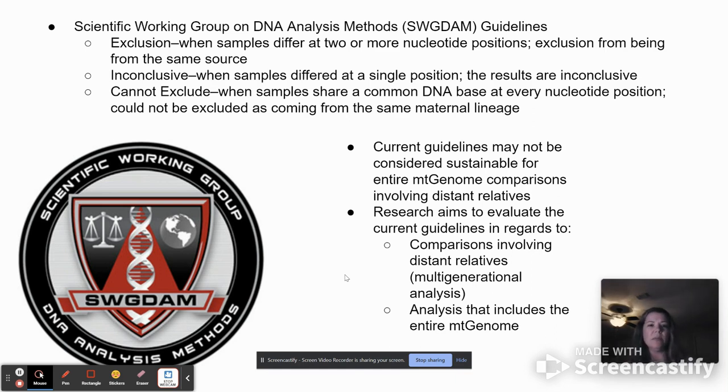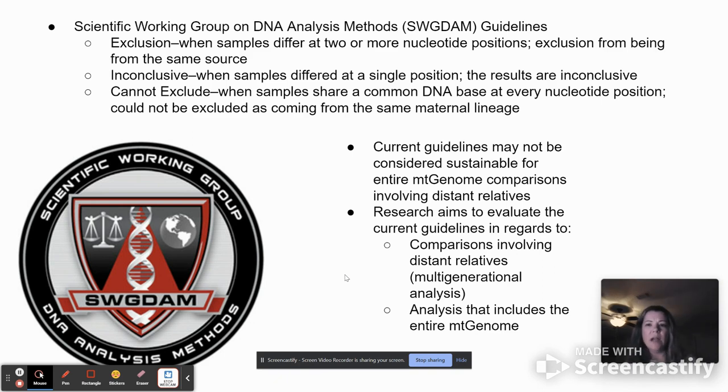Inconclusive is when samples differ at a single position. The results are considered to be inconclusive. You cannot determine whether they are from the same source. And then cannot exclude. When samples share a common DNA base at every nucleotide position, they cannot be excluded as coming from the same maternal lineage.